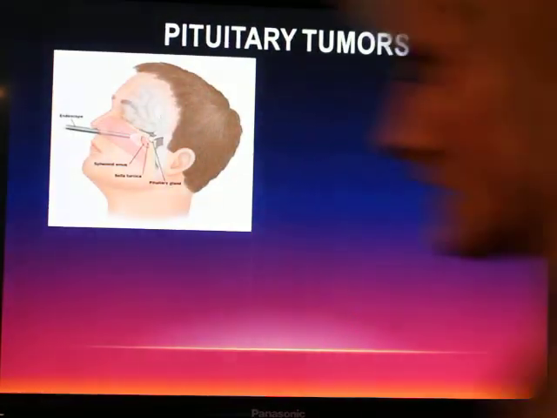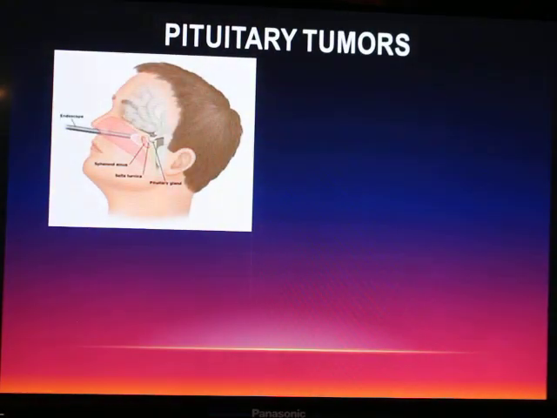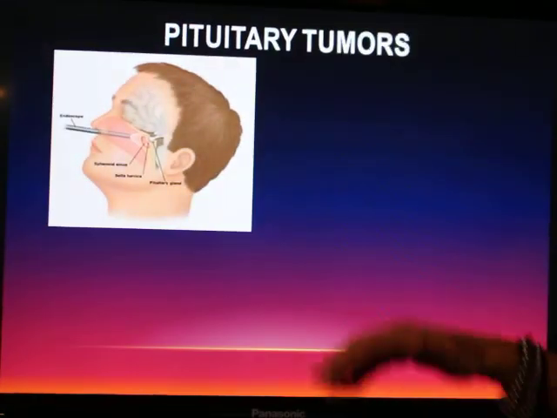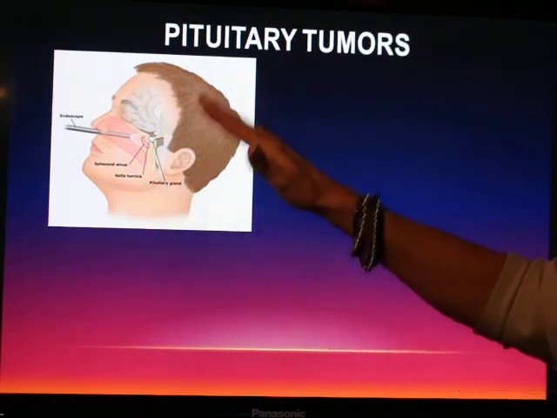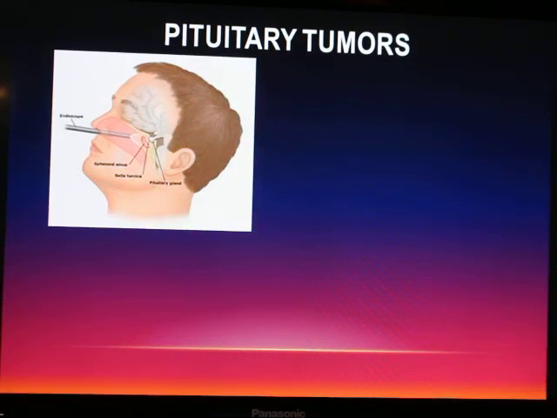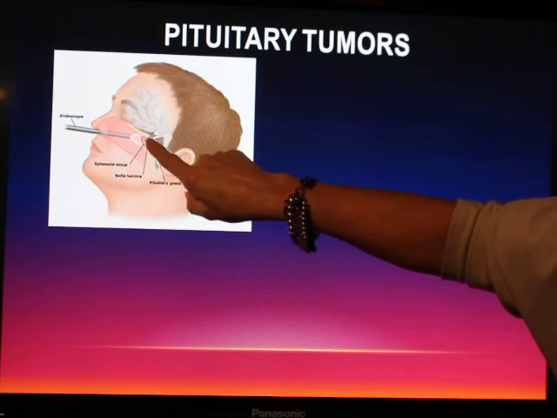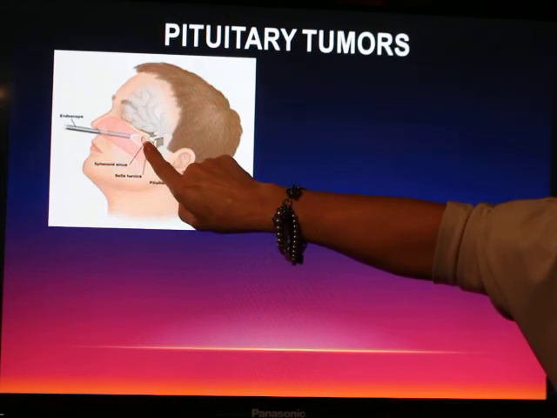Pituitary tumors, I don't know why they are located in this chapter, but they are, so I'm going to just tell you about them. If you'll remember from endocrine, your pituitary gland sits right at the base of the brain.